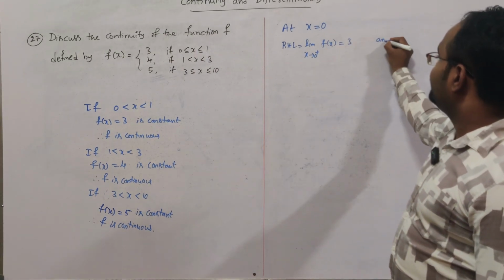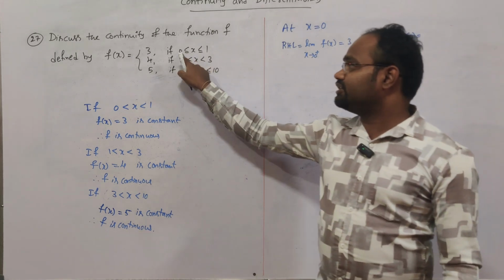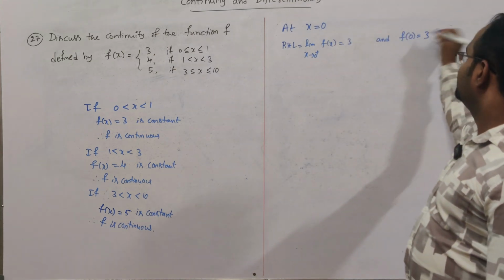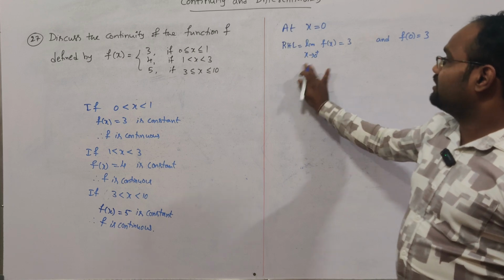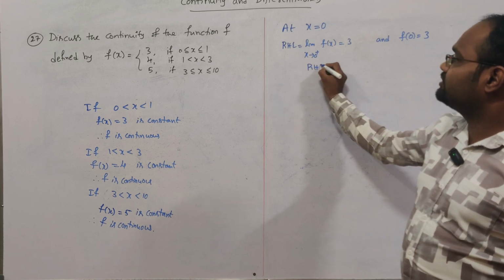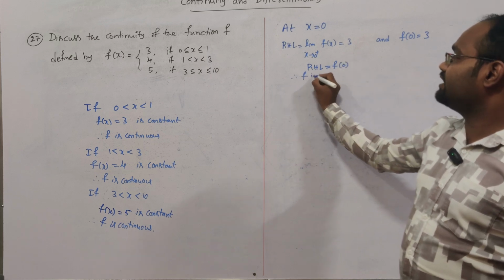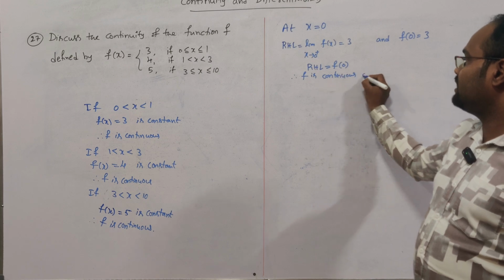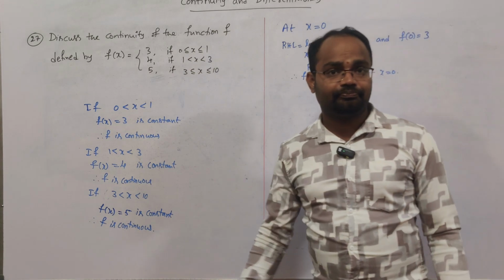And when x is equal to 0, functional value, when it is 0 also it is 3 only. So both are equal. RHL is equal to functional value at 0, therefore f is continuous at x is equal to 0. So starting point all continuous ಆಯ್ತು.